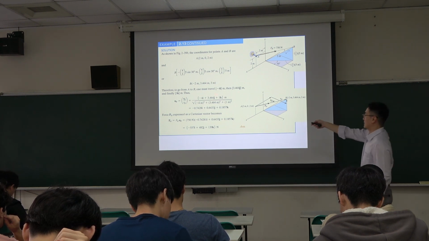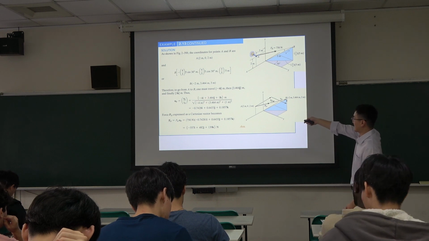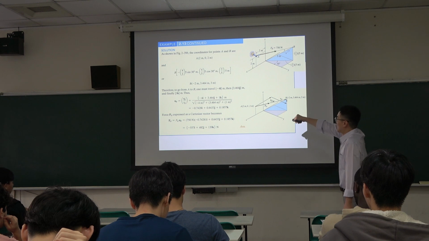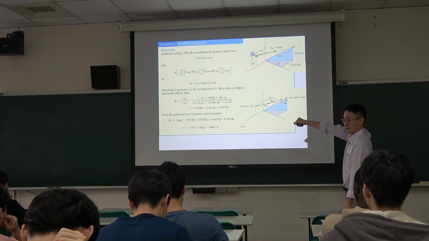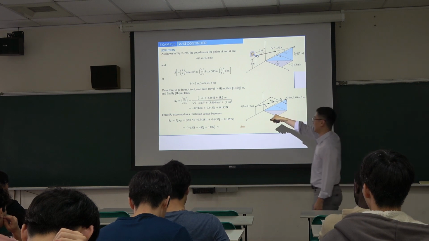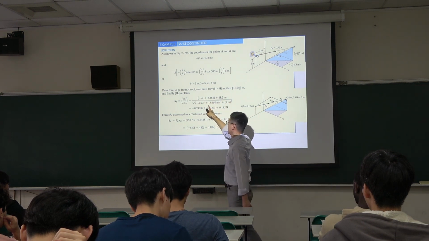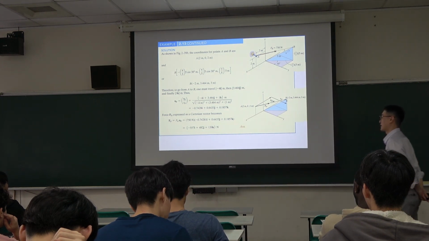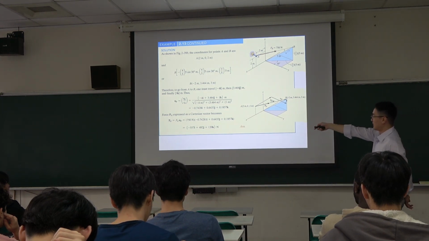So we got the position vector from A to B, and then we can work out its length. So this term is the unit vector. Okay, so we work out unit vector.